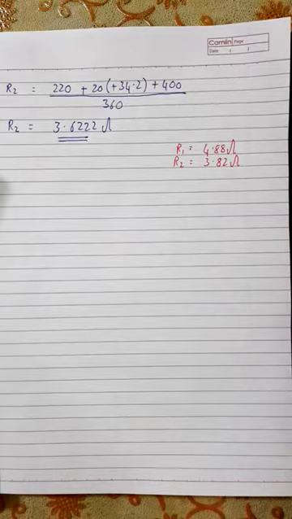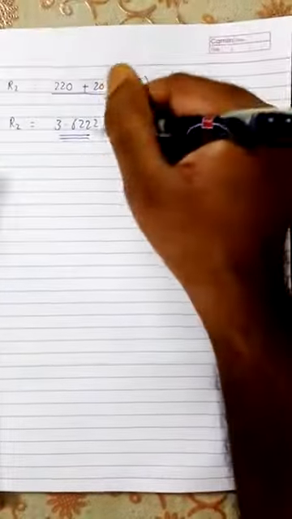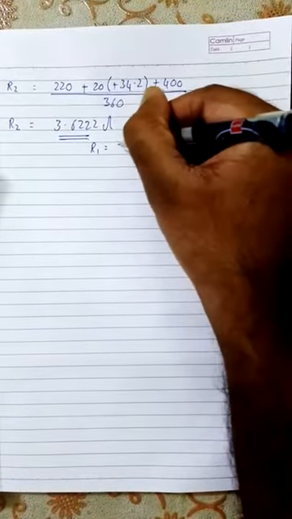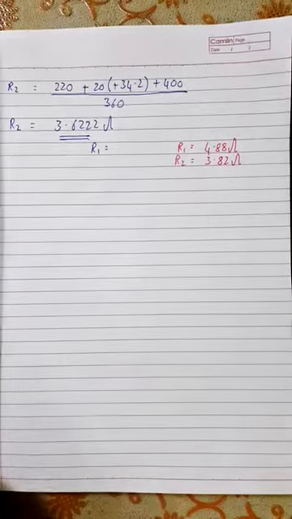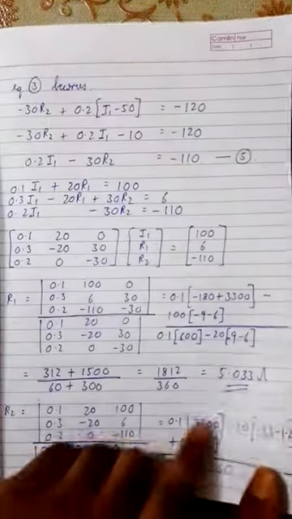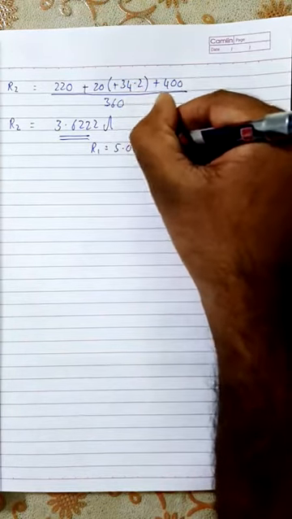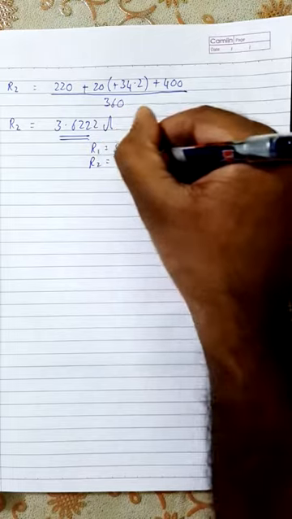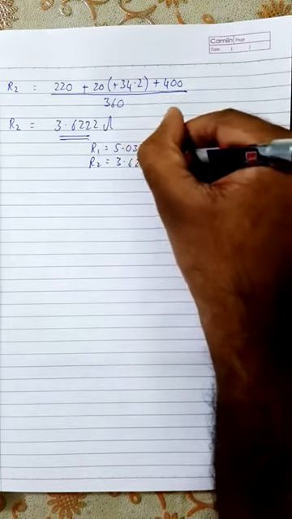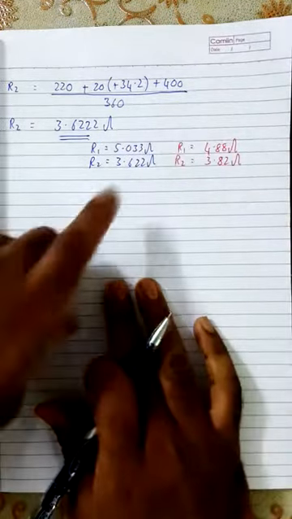So the answer I got was R1 is 5.033 ohms and R2 is 3.622 ohms.